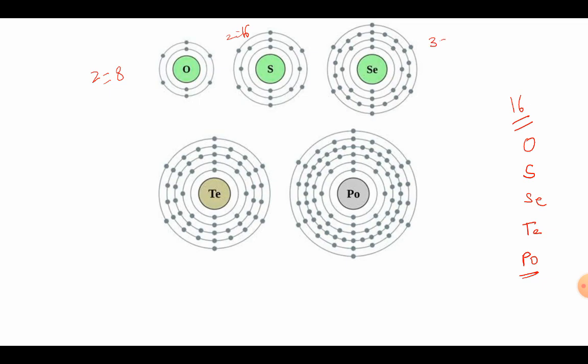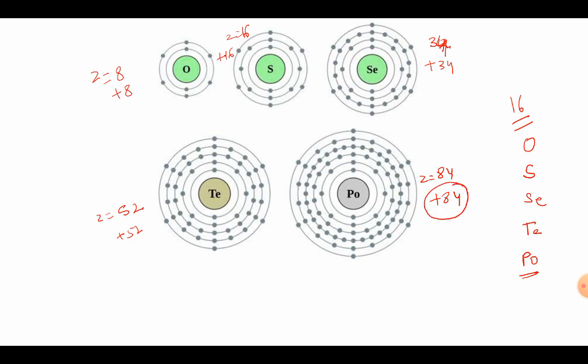Selenium, I'm sorry, is 34. Then tellurium is 52 and polonium is 84. So these are the atomic numbers. Atomic number means that this is the force of attraction from the nucleus also. So we have written that this much attraction will be exerted by the nucleus on the outermost shell.